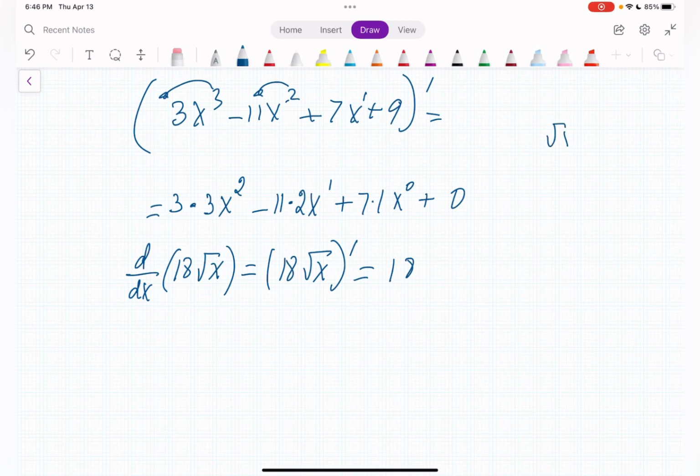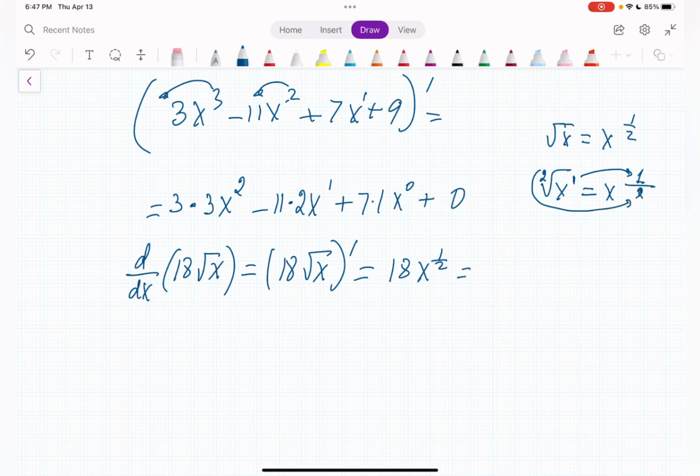We can represent it as x to power 1/2, right? For people who don't remember, this is degree 1. If there is nothing in here, that's 2. And that's how it's happening. 1 comes here, and this 2 comes here, power 2.